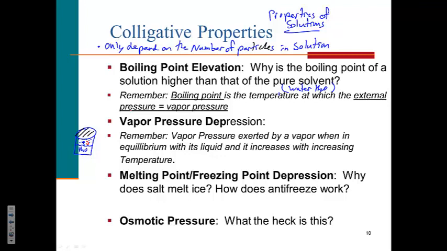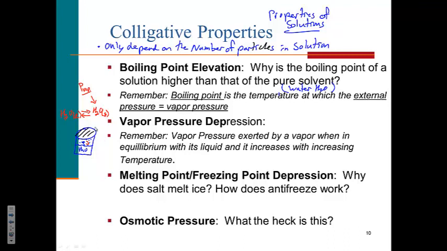the rate of, so let's go here, water as a liquid goes to water as a gas. When these two rates are equal, they're in equilibrium. And what we're looking at is the vapor pressure of this water in the gas phase above its liquid.